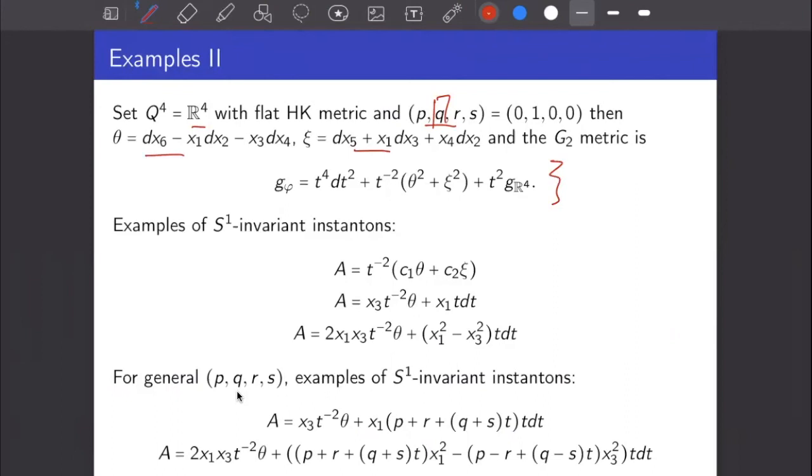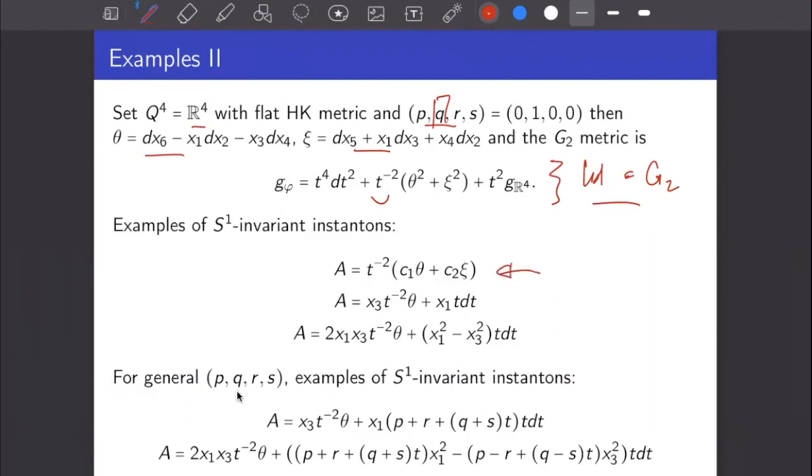You can check that this metric has holonomy equal to G2. However, this metric is not complete because this coefficient function here is going to blow up at T = 0. But as T goes to infinity, this metric is indeed complete. So this is a holonomy G2 metric, and we can construct lots of abelian G2 instantons on these spaces.